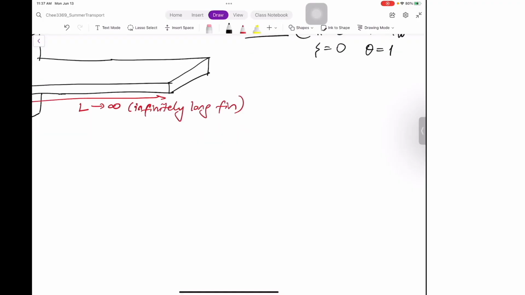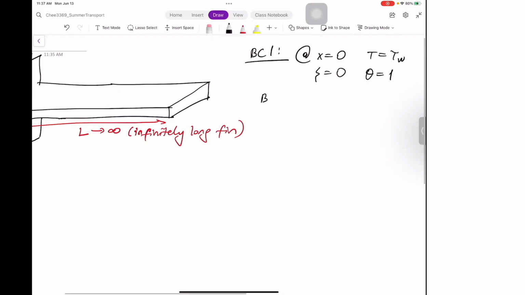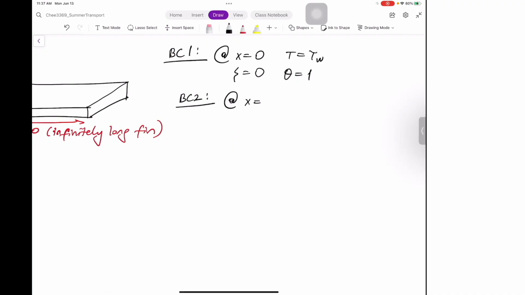And our boundary condition 2 is going to be at x equal to L. This time, the fin is so long that all the heat transfer occurred, and there's not going to be any more heat transfer.